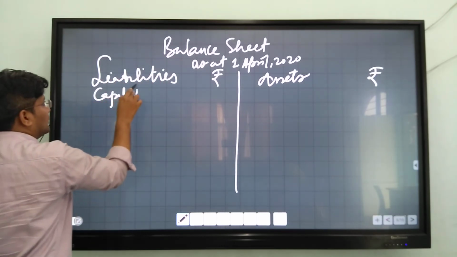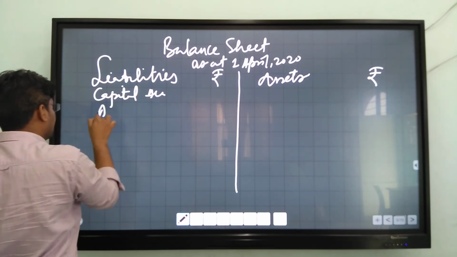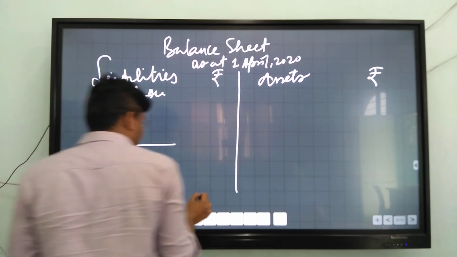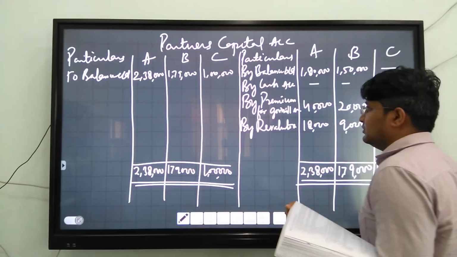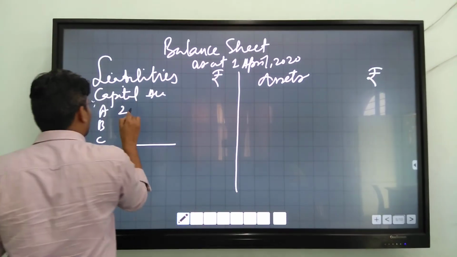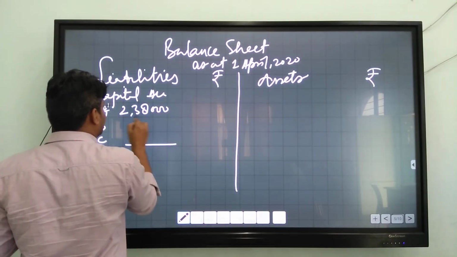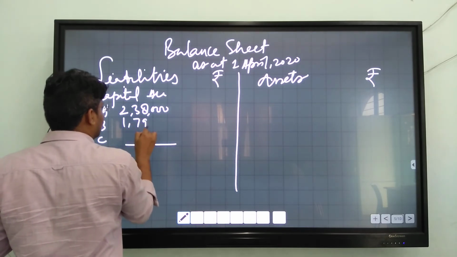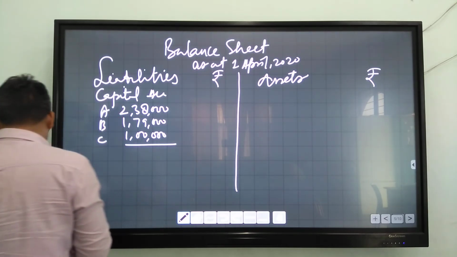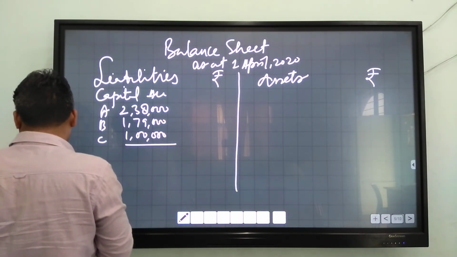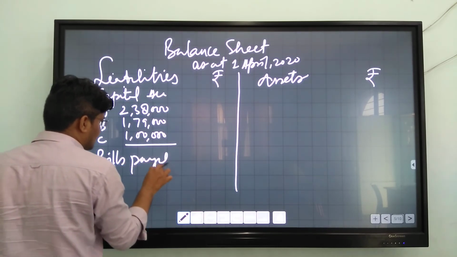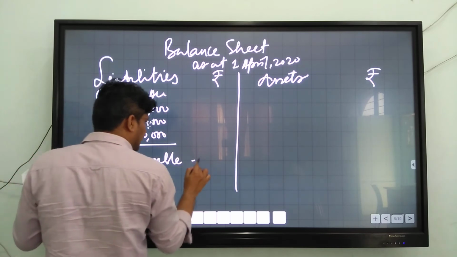On the liability side, you write capital accounts A, B, and C. You will take from the partners capital account 2,38,000, 1,79,000 and 1 lakh. Now bills payable, you will write bills payable 10,000.